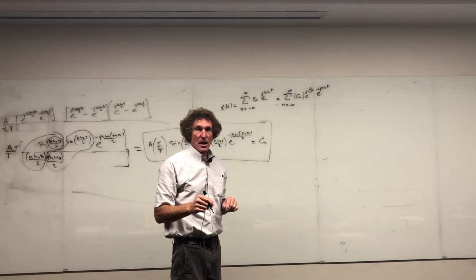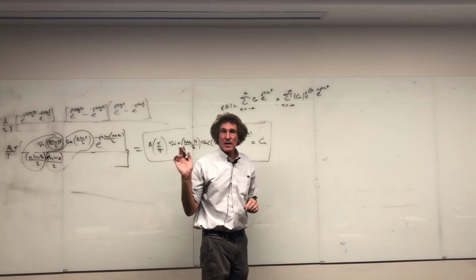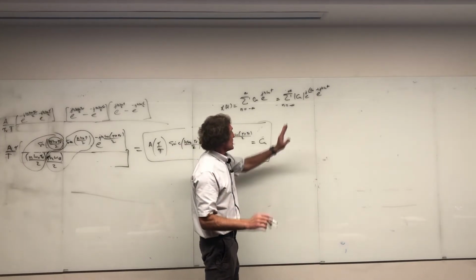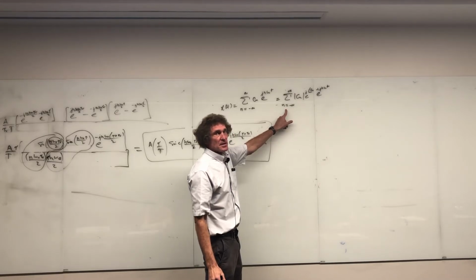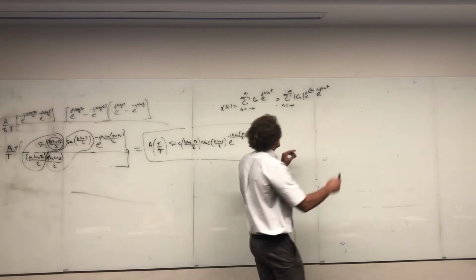Now, I'm going to take this series. My goal is to turn this into a cosine waveform. You're going to see how. This is a doubly infinite series. It starts at minus infinity, goes to positive infinity. I'm going to break it up as such.